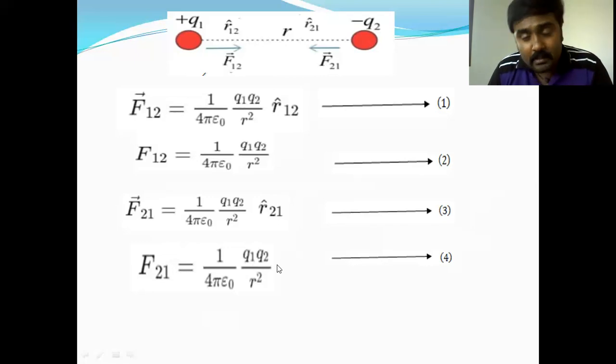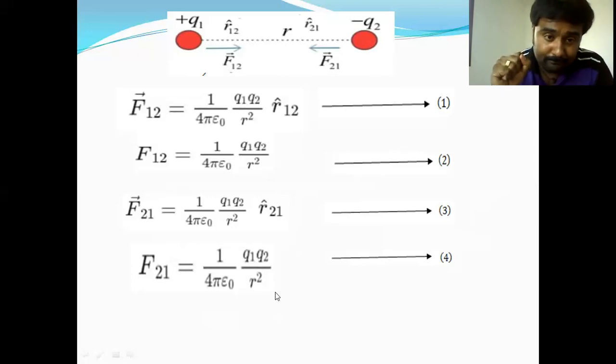Now comparing equation number 2 and equation number 4, from equations 2 and 4 we can conclude that both are equal, right? Because F12 is 1 divided by 4 pi epsilon naught Q1 Q2 divided by R square, and F21 is also the same.